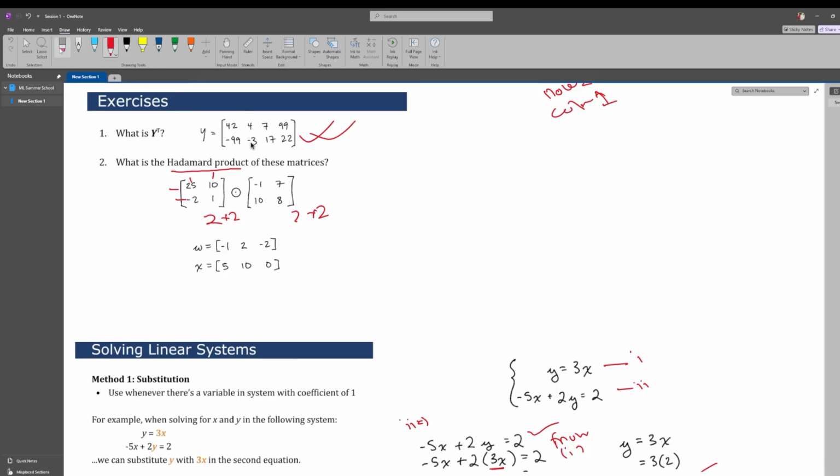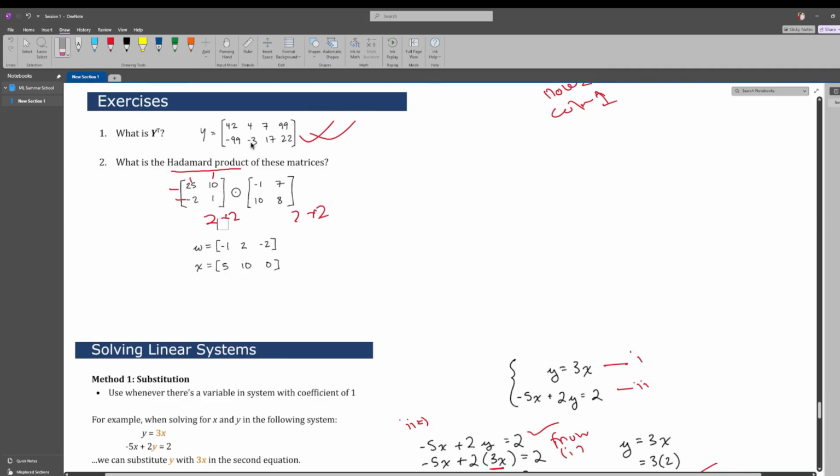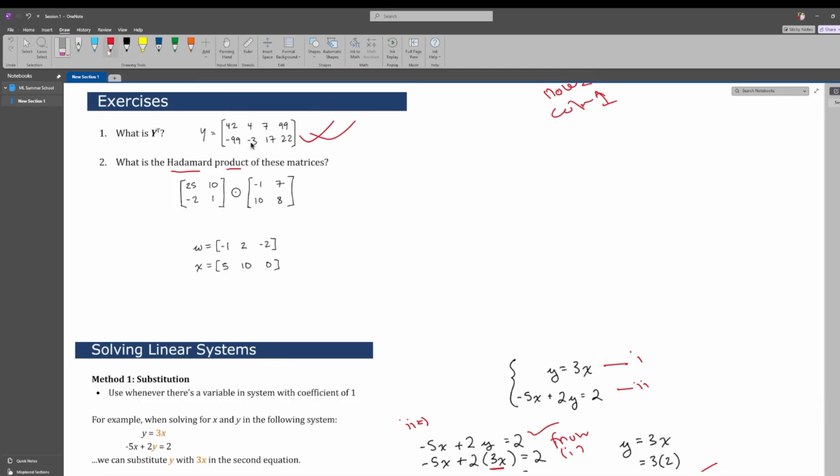It is done by multiplying element by element. If I give you a hint, the multiplication should be 25 into minus 1, 10 into 7, minus 2 into 10, 1 into 8. Actually I didn't give you a hint, I mentioned the answer. Now you can check how the Hadamard product is done.